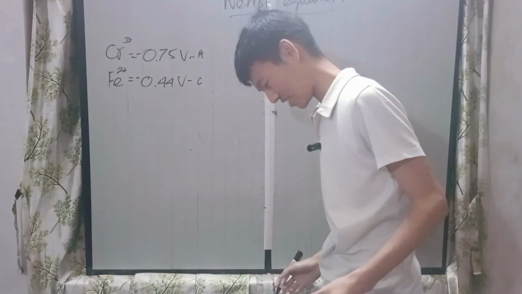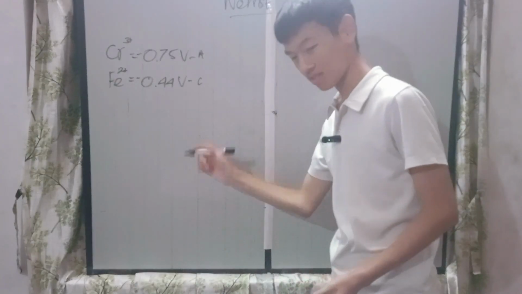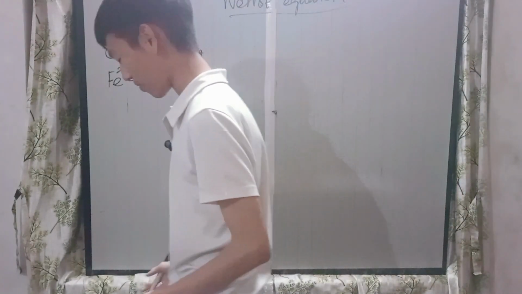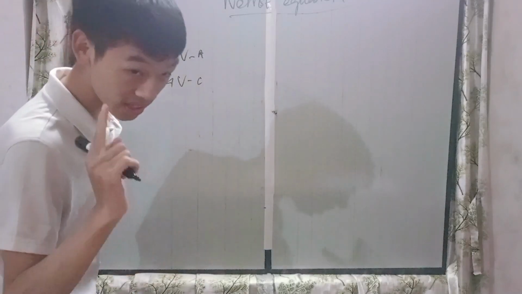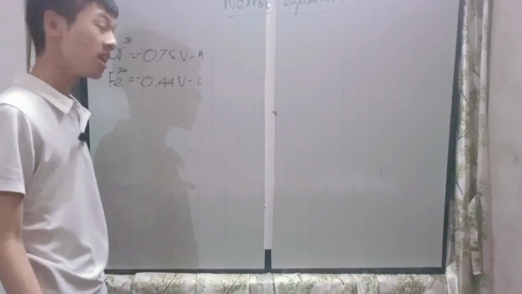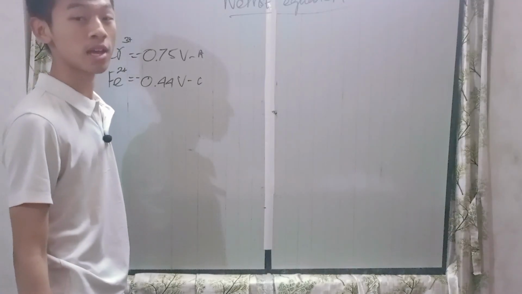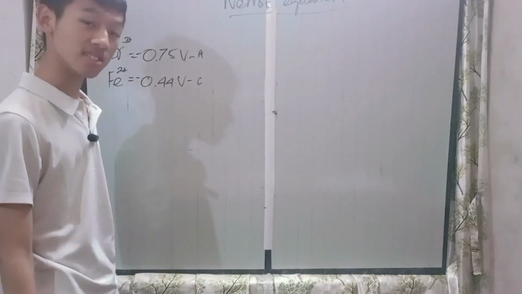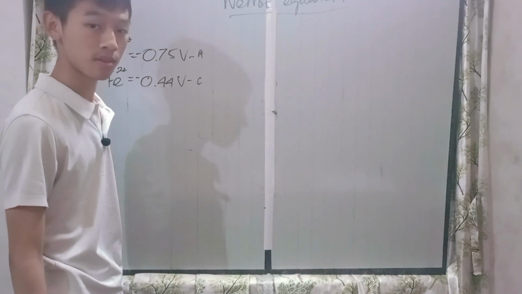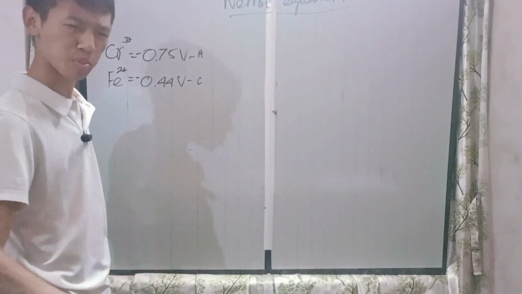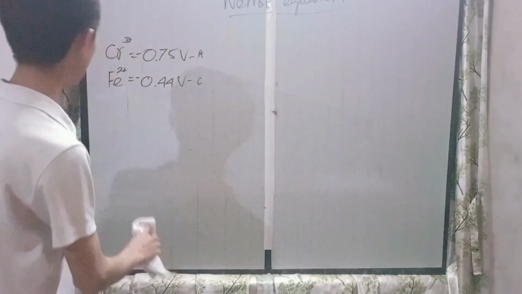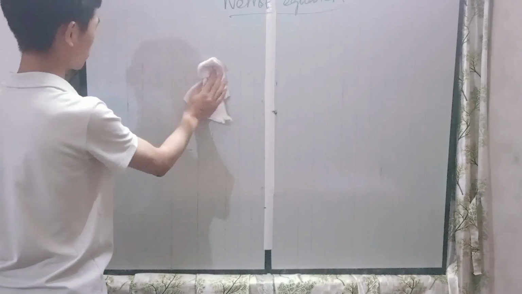Now let us find the EMF of this galvanic cell. Remember, it is not under standard conditions, so we can't just use the normal formula like we always do. We need to use the Nernst equation. But first, before we begin, we need to make a balanced cell reaction.